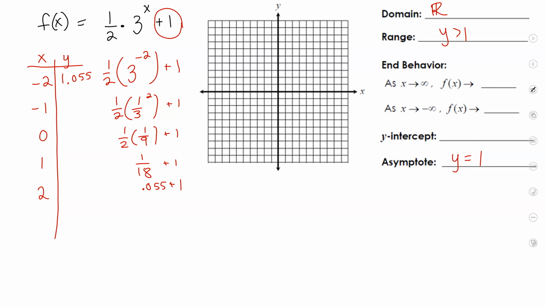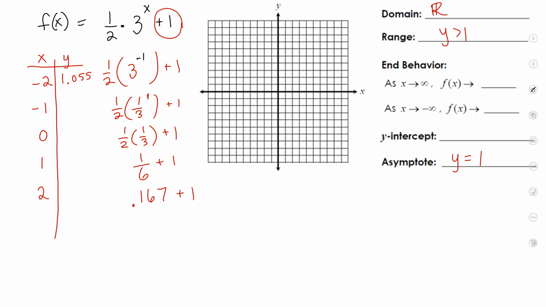Okay, let's do the next one. We're gonna plug in a -1 this time. So I have my base 3, but this time we're plugging in -1. So to make it a +1, we'll have to flip it, so it's 1/3. So this will be 1/6 plus 1. And 1 divided by 6 is 0.167.